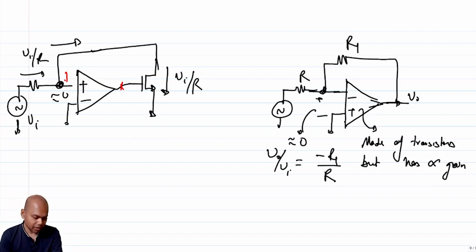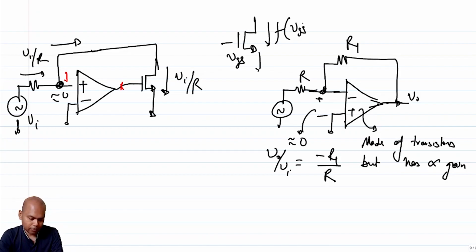So what has to happen? The transistor on its own is an entity which has a nonlinear transfer function between the input and the output. If you have a VGS, the current is some nonlinear transfer function of VGS, correct? But if the negative feedback is ensuring the current through the transistor to be linear, what will be nonlinear?